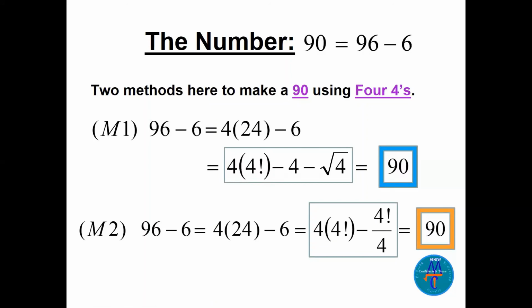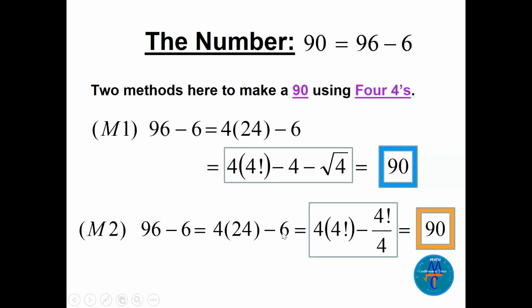So again, let's read the blue answer here. 4 times 4 factorial, that's 96. Minus 4 minus square root of 4, that's 90. That's the blue answer, number 1. Now, 96 minus 6, I can use also the 6.